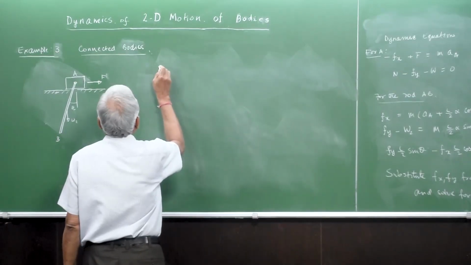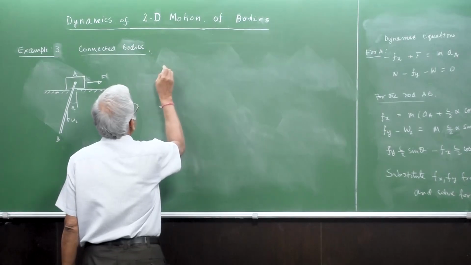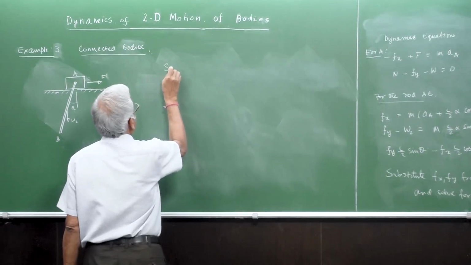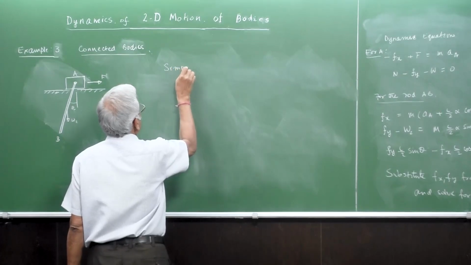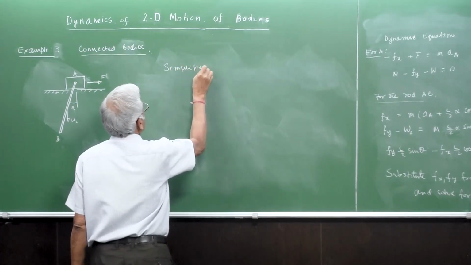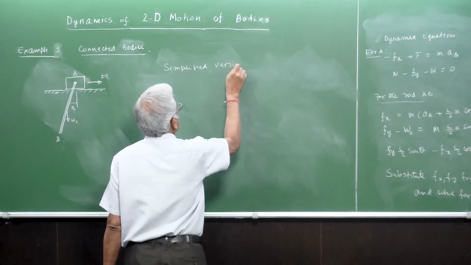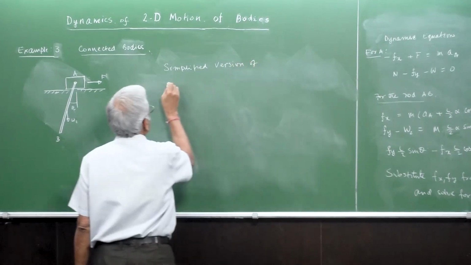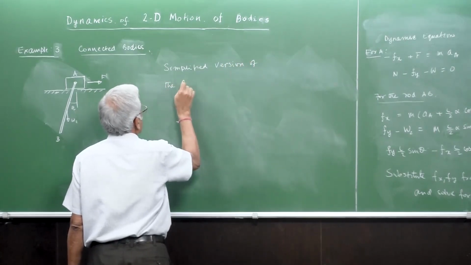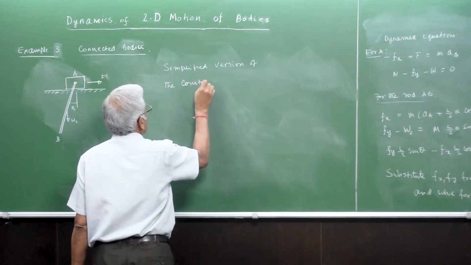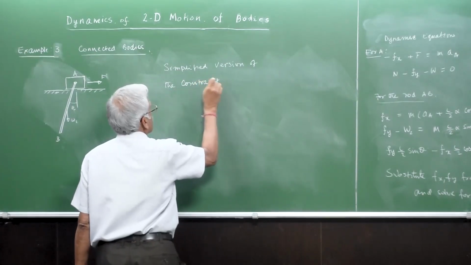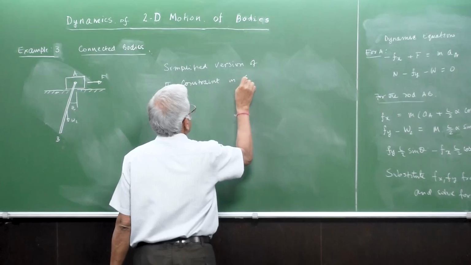So let us print a simplified version of the constraint in graphical form.